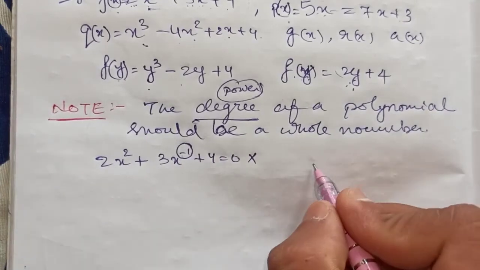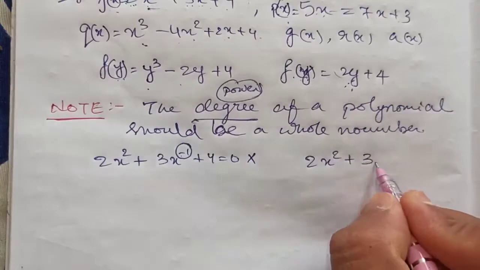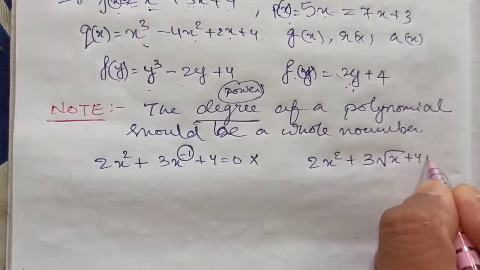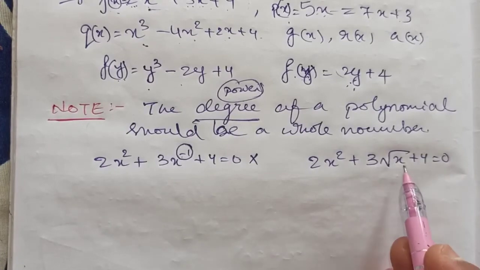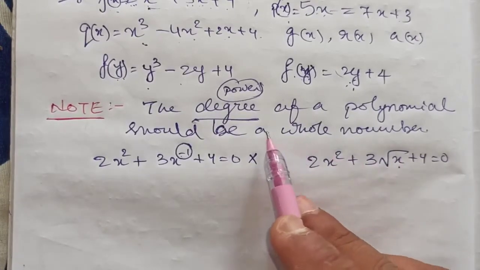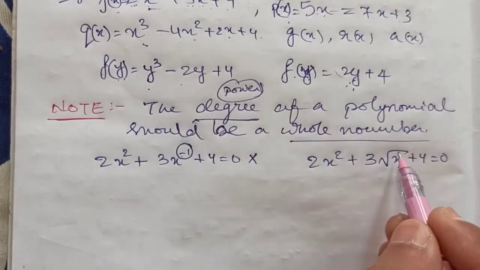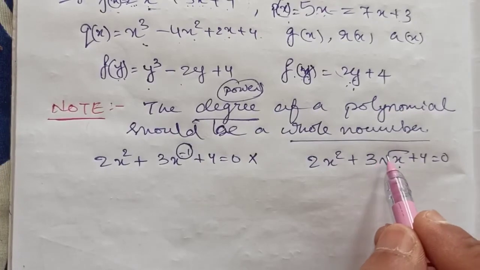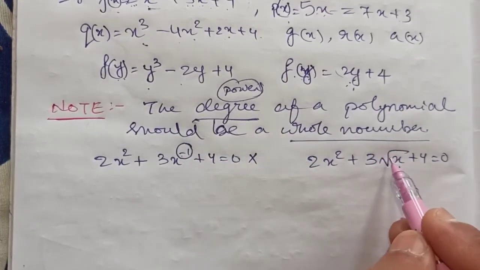Next, which one is not a polynomial? If I give you 2x square plus 3 root x plus 4 equals 0, then this is also not a polynomial, because the variable x is given inside the root. What I said, the degree of a polynomial should be a whole number. Whole number means the power can be 0, 1, 2, 3, 4 and so on, but it cannot be a negative or a fraction.